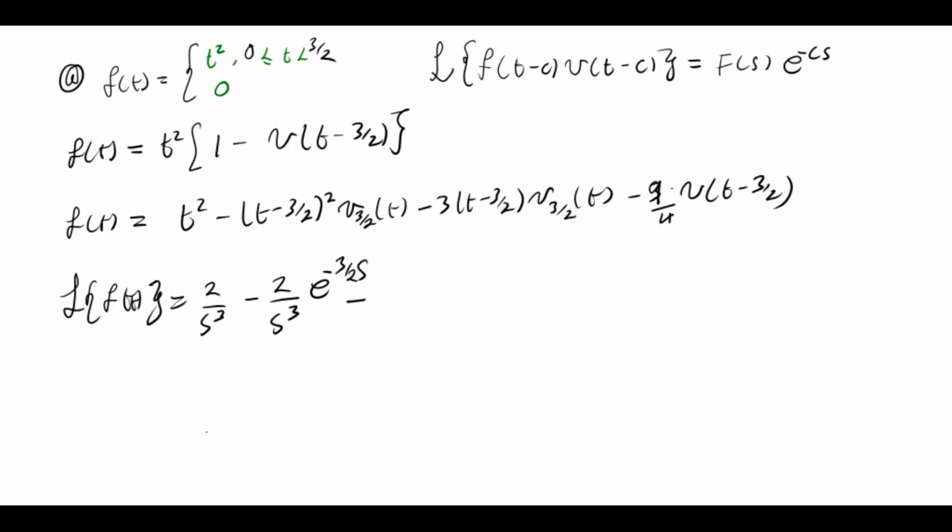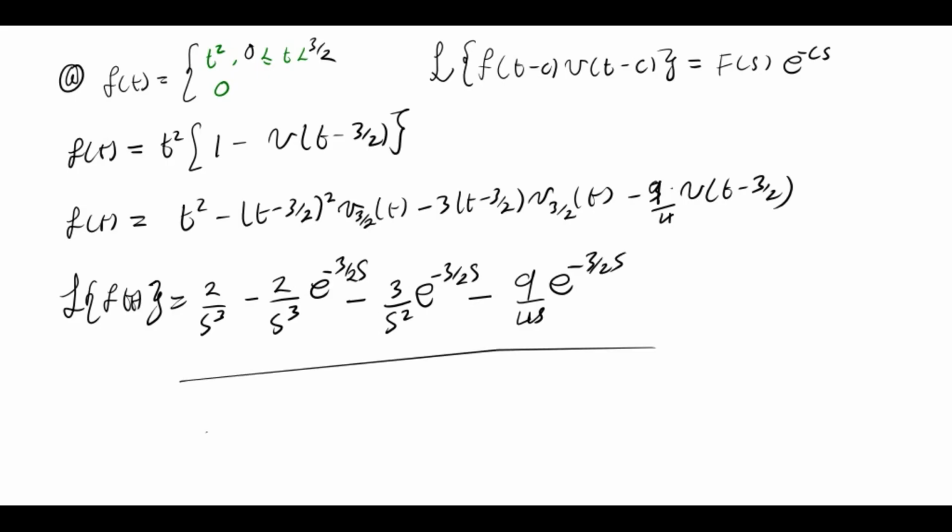Minus, that one we just consider t, so it would be 1 over s squared, but it would be 3 over s squared, then you say e to the minus 3 over 2s, minus, the Laplace transform of this one is just 1 over s, so it would be 9 over 4s then e to the minus 3 over 2s, and you can choose to simplify that one and write it in a much simpler way, but that is still correct.